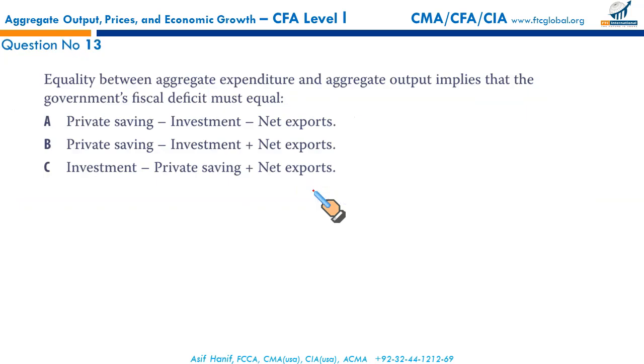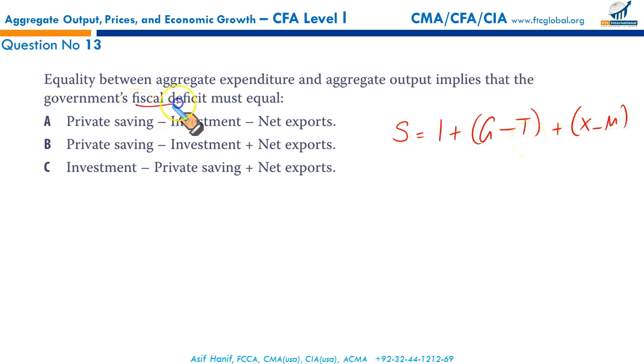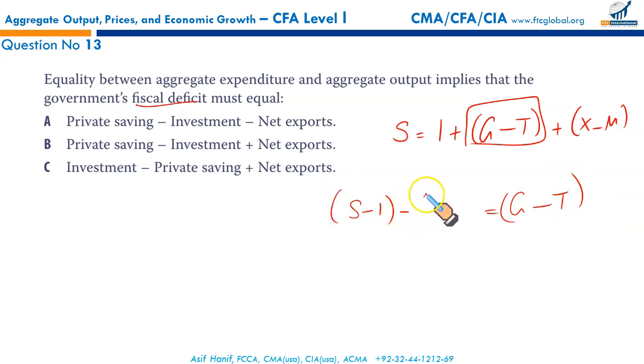Okay, next we have: equality between aggregate expenditure and aggregate output implies that the government fiscal deficit must equal to, well, we know the savings equation is equal to investment plus G minus T plus X minus M. So since we are talking about the fiscal deficit, make this the subject, G minus T, and it's equal to S minus I minus exports minus imports.